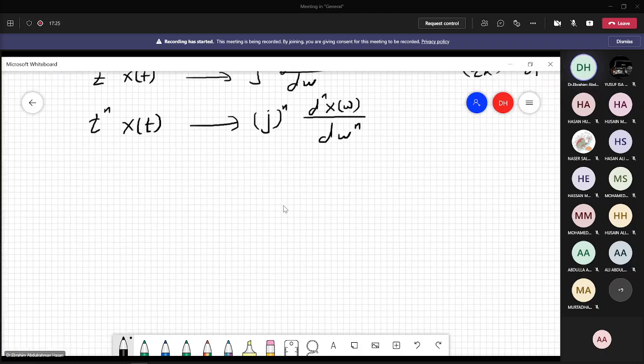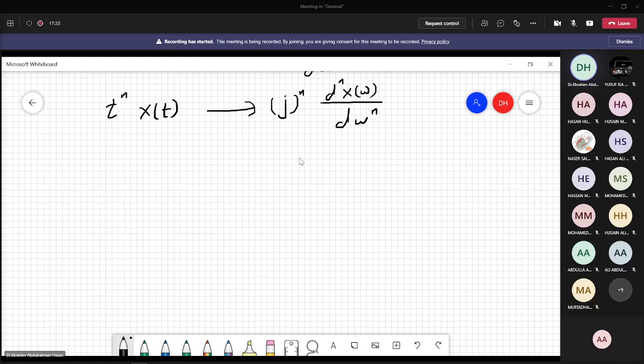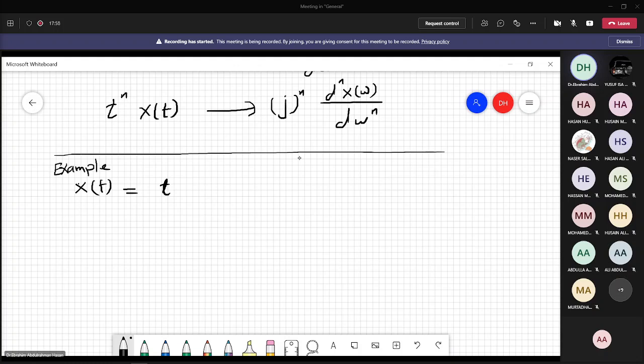Let's see an example now, without overthinking. Okay. Find the Fourier transform. x of t equal to t e to the power of minus 3 t minus 1.